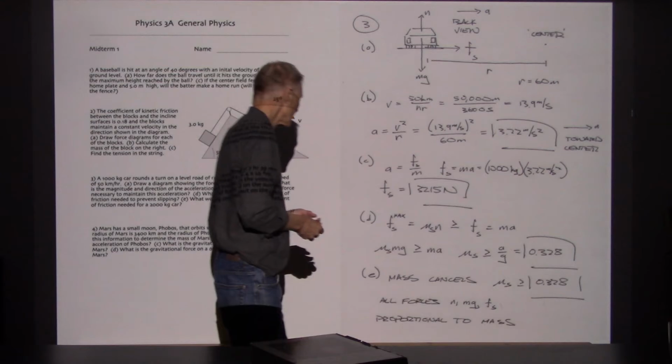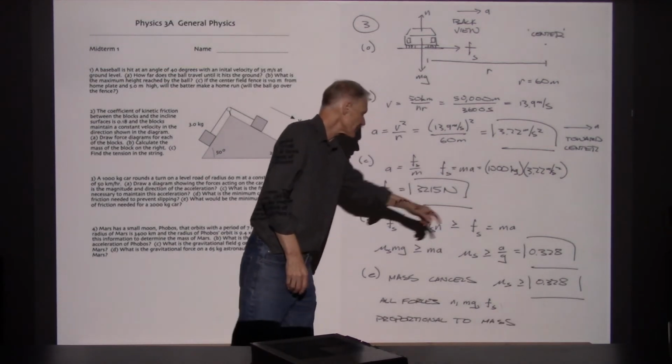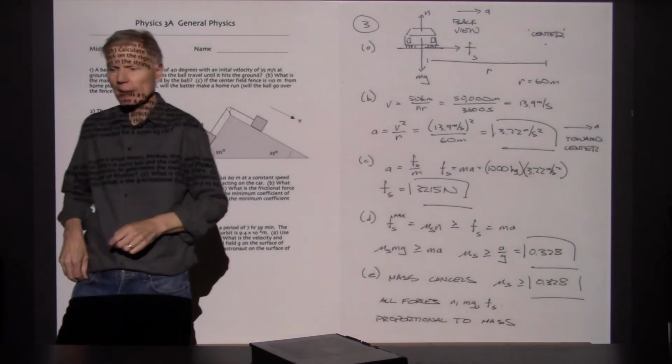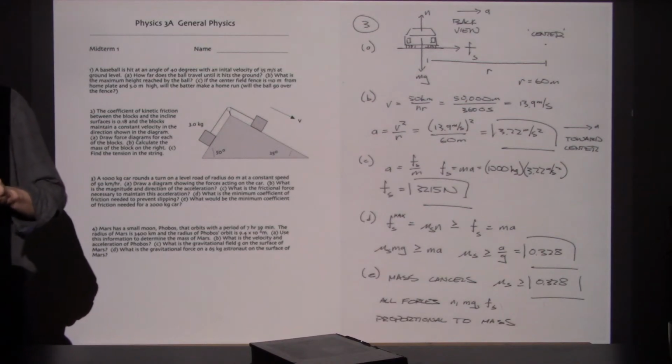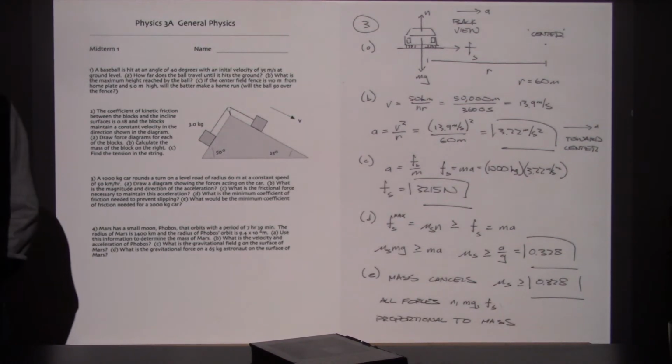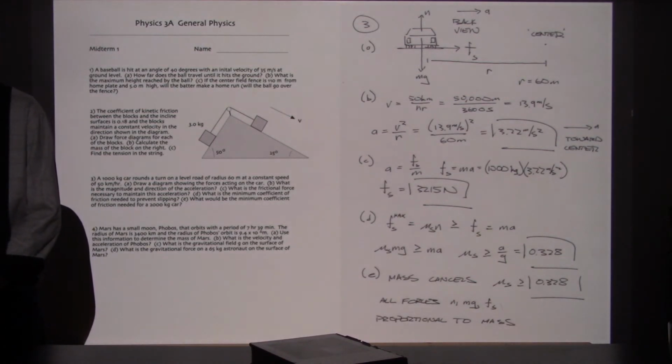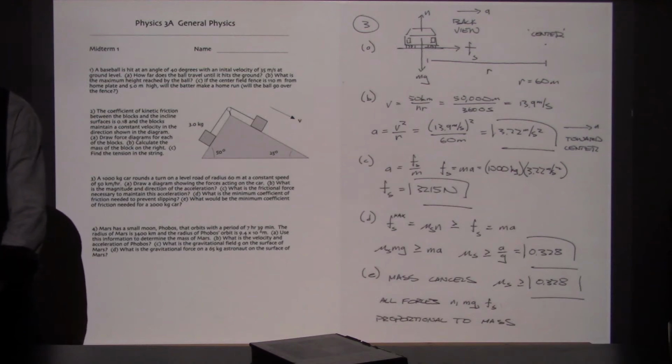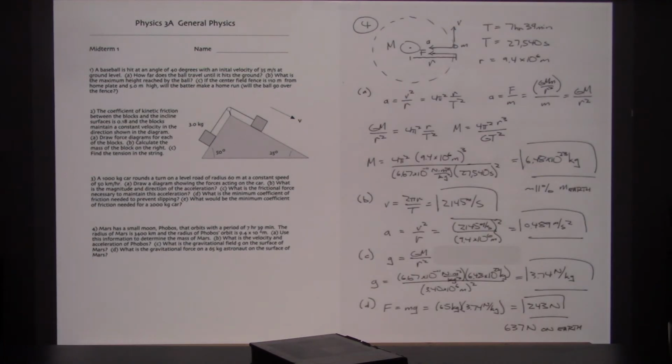The masses cancel out, everything stays the same. I'll still need a coefficient of static friction between the tires and the roadway of 0.328. Questions on any of that? Let's move on to that last problem.